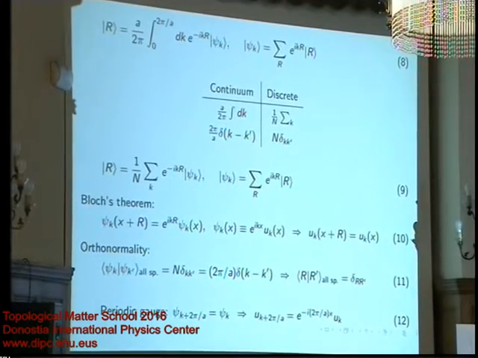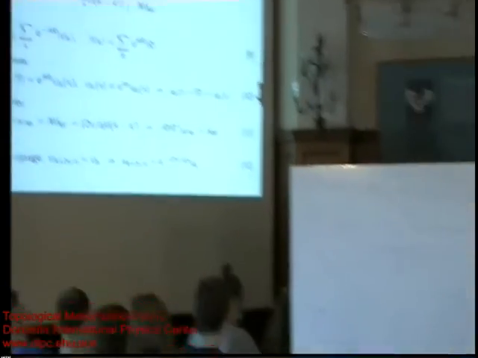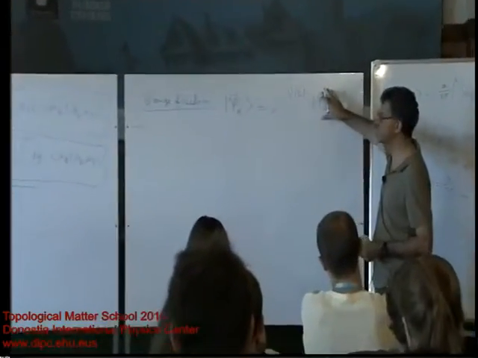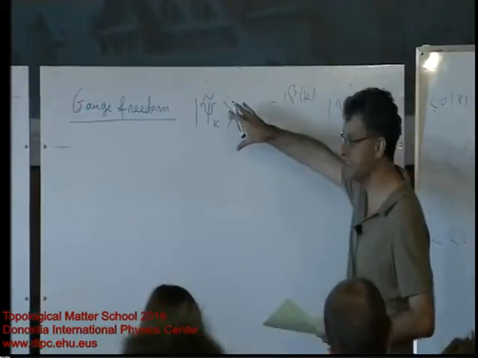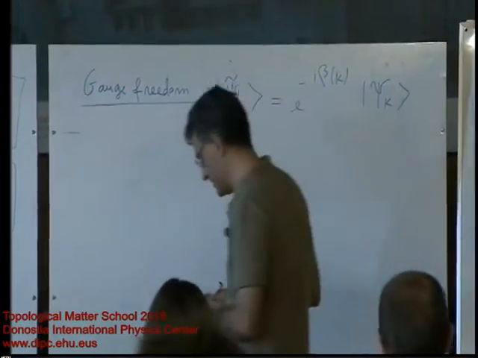So what is the most general form of this phase factor, such that if the psi's live in a periodic gauge, the psi tildes also live in a periodic gauge?